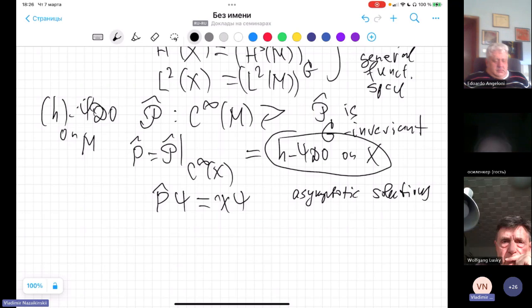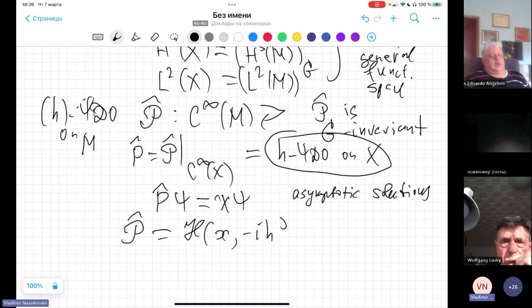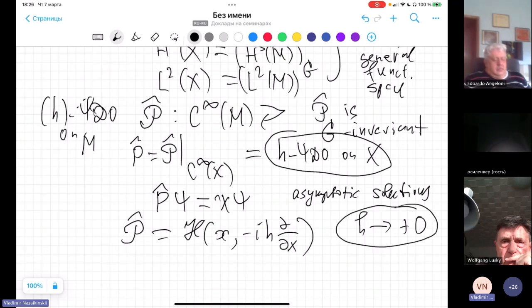Here we, of course, have a parameter because our original operator P is an h-pseudo-differential operator, some h of x minus i h d over dx. Here, h is a small parameter tending to 0. So the operator in the subspace also depends on the parameter h, and we seek asymptotic solutions.